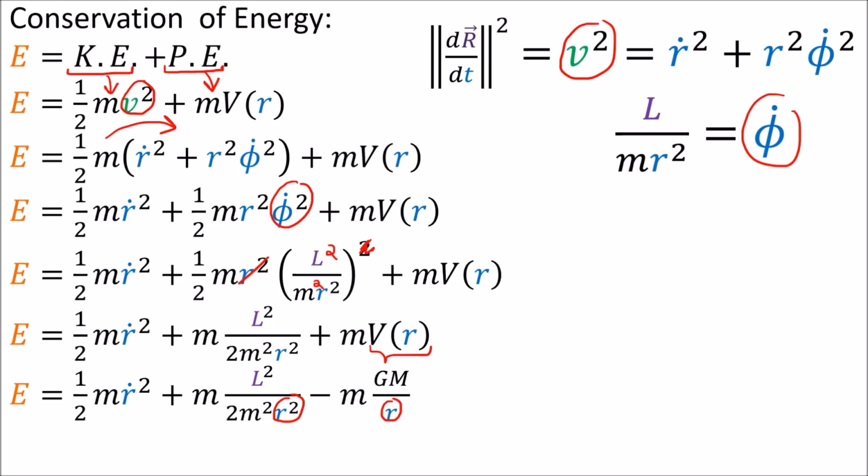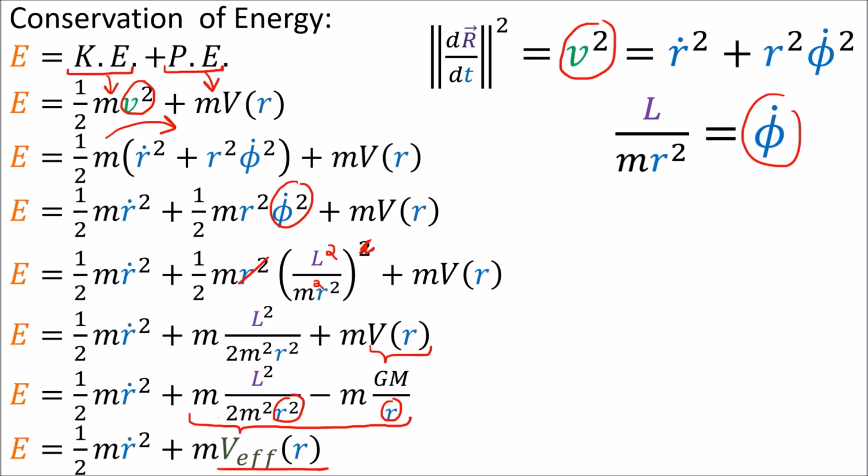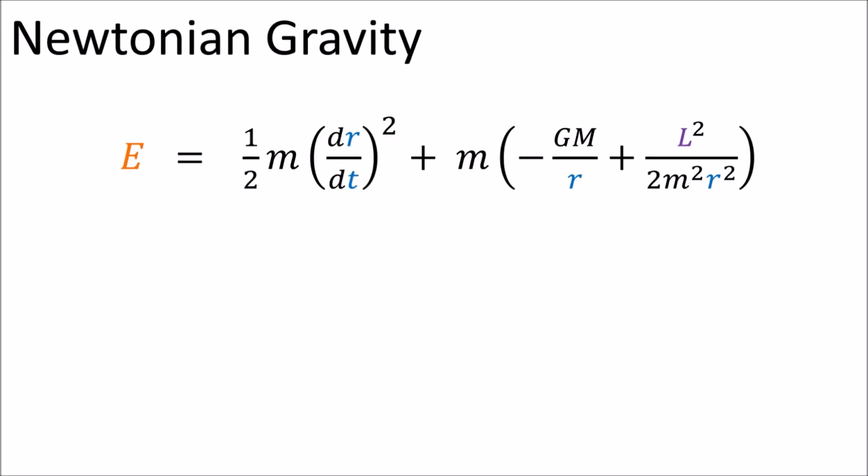We can group this r-dependent kinetic energy term together with the r-dependent potential term, and call the combined terms the effective potential, V sub eff. This is our main equation of motion for gravitational orbits in Newtonian gravity, where E is the constant total energy and L is the constant angular momentum.